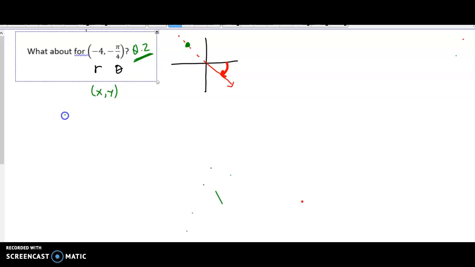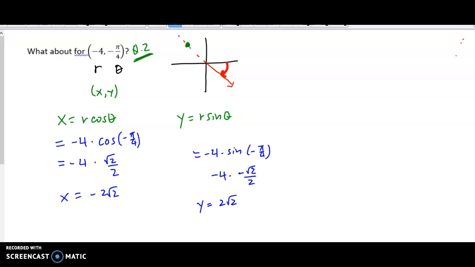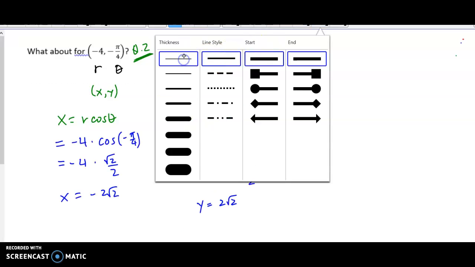We're going to use the same equations, x equals r cosine theta, and y is equal to r sine theta, and then you work it out. Now if you want, you can pause here to try it on your own, or just keep watching, and here it is. So this is what I came up with.